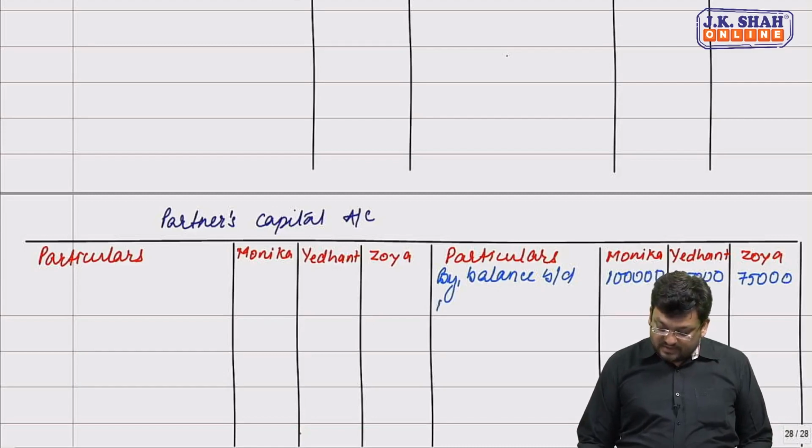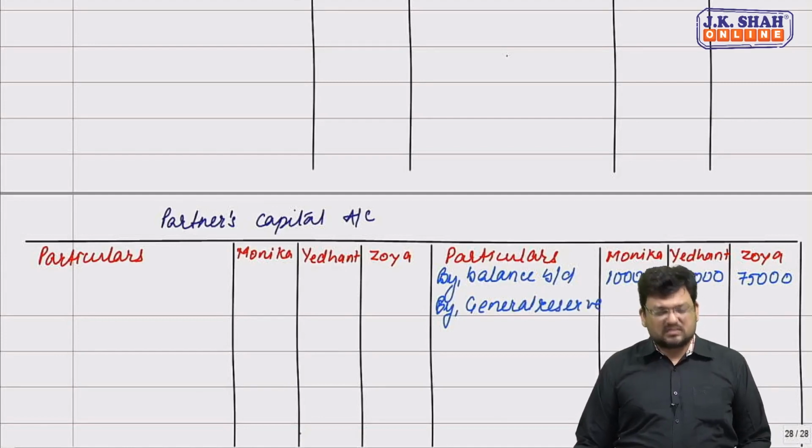We are then given balance in general reserve. What will you do with general reserve, sir? Will be distributed among partners. General reserve will be distributed among partners in their old ratio. Old ratio was equal, so will be equally distributed among all the three partners.